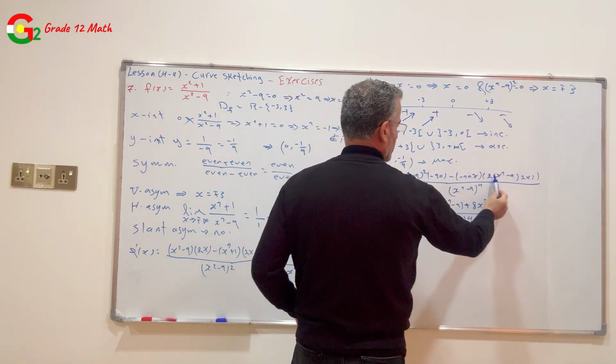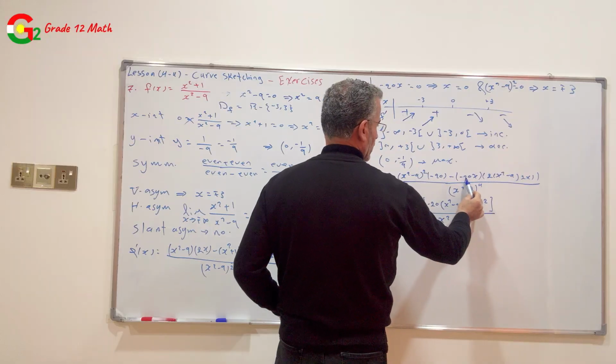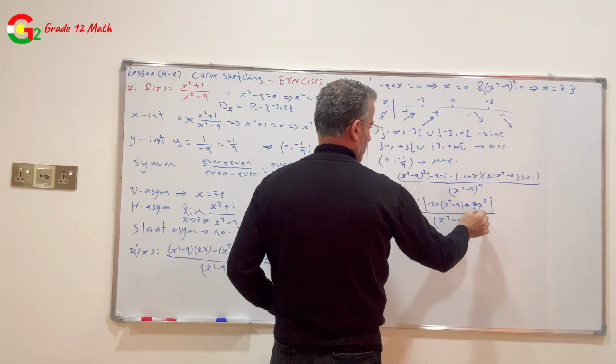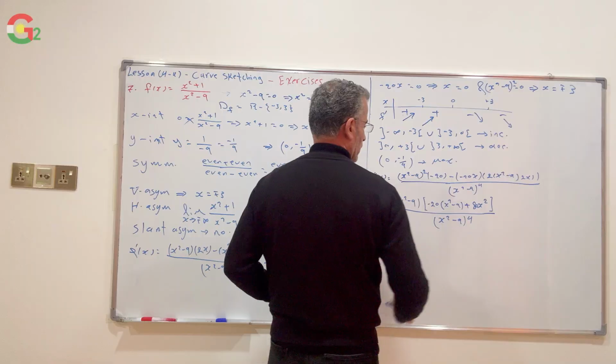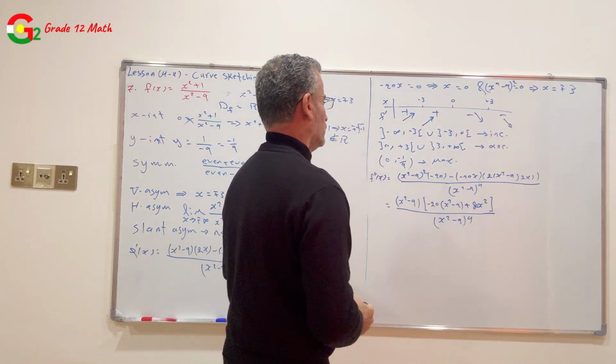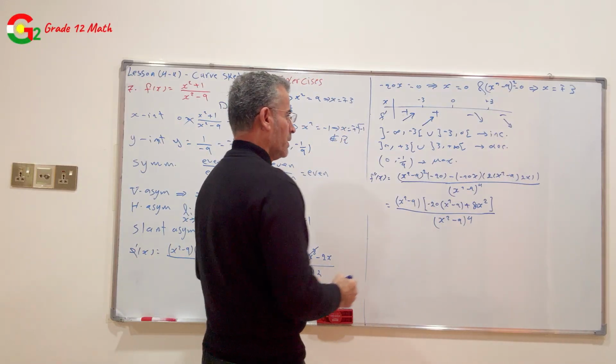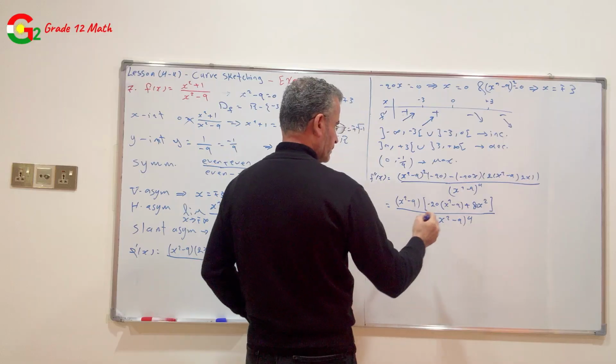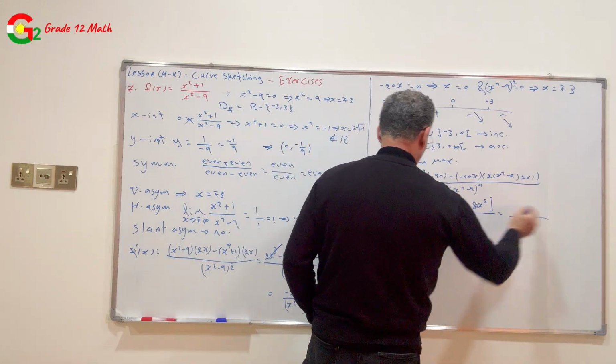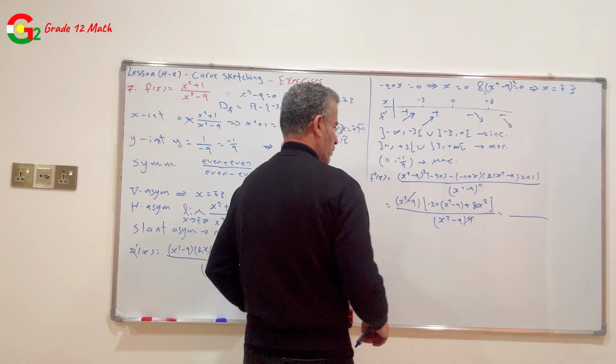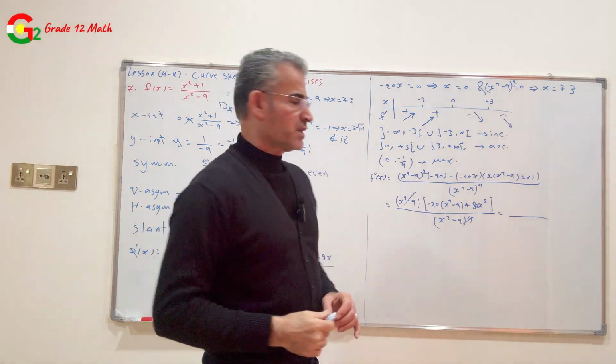Since 2 times 2 is 4, 4 times 20 is 80x². Equal to reduce (x² − 9) with (x² − 9) to the power 4.